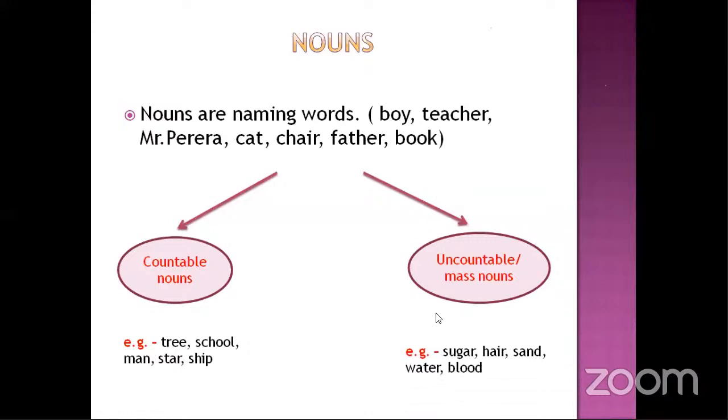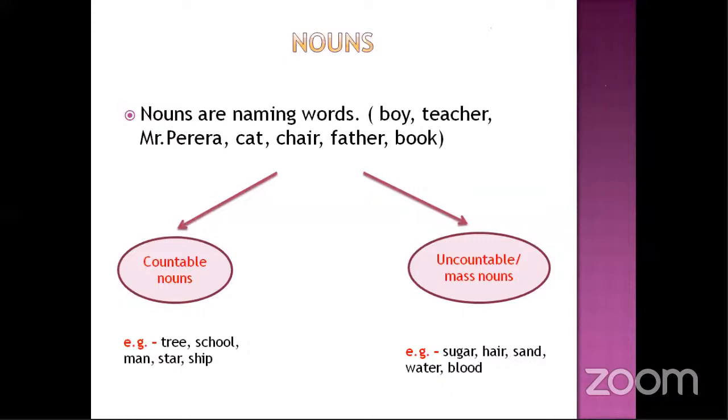Uncountable nouns are those we can't count as separate items. Instead, sometimes we need a kind of measurement. For example, sugar. Can you count 1 sugar, 2 sugars? No, that's wrong. Instead, we can say a kilo of sugar, 2 kilos of sugar.